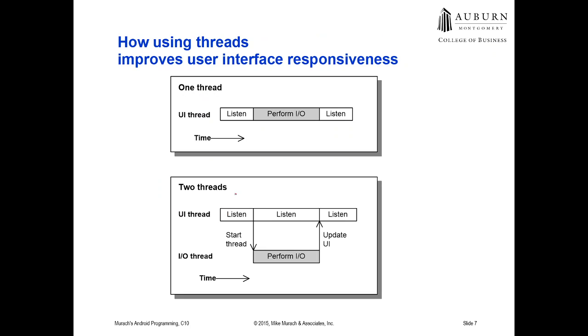So let me explain the basic mechanism, right? If you have one thread, what your application can do is just receive user input. That's it. You may think, well, why don't we just keep a one-thread application? That could be possible.